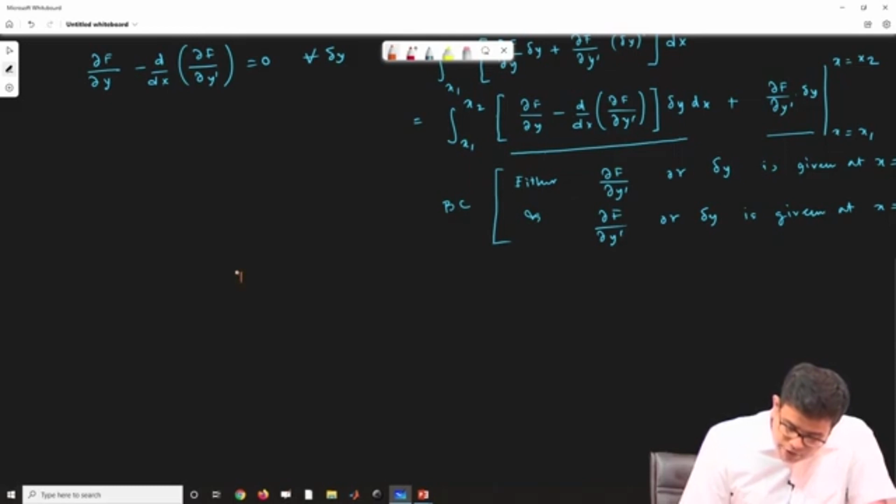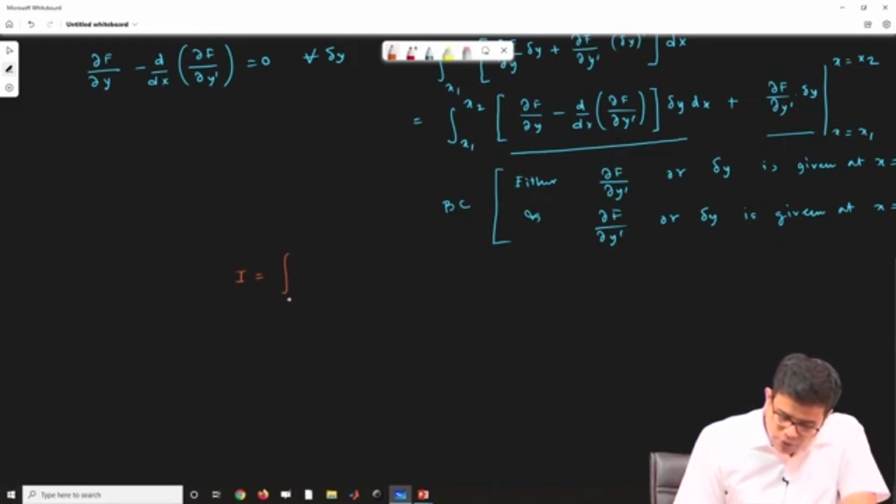So suppose I have a functional, right? So the integral, suppose from x1 to x2, and my functional is f of x, y, y prime, y double prime.